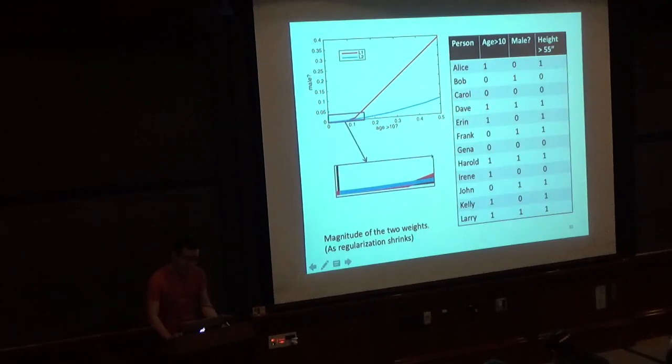If you zoom in, you see that at some point, as you increase lambda, the L1 regularization forces the weight on this feature to hit 0 exactly. So the solution is sparse in the sense that only one out of the two elements of the weight vector is non-zero.